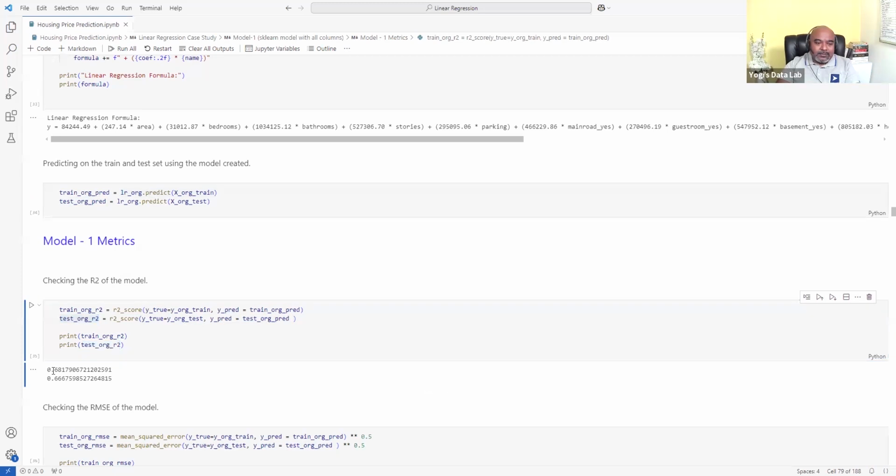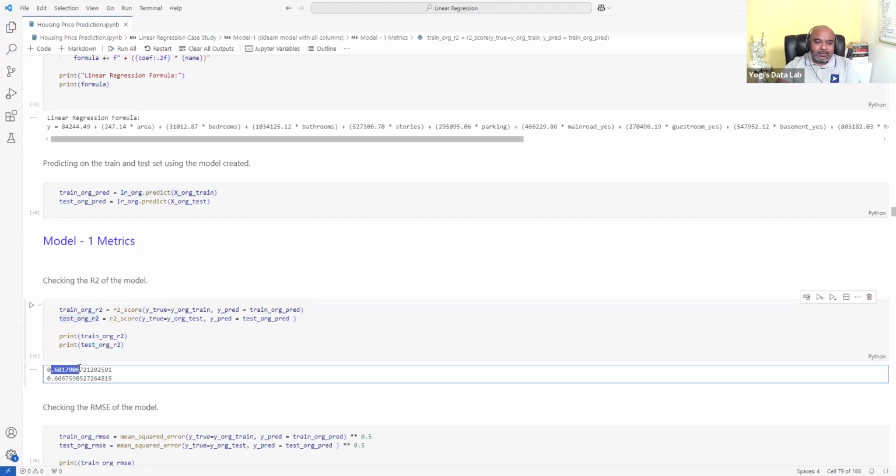If you look at this, I am getting 68% R square on my train set and 67% R square on my test set approximately. So the difference between the train and test is less than 2%. One is 68%, another is approximately 67%.